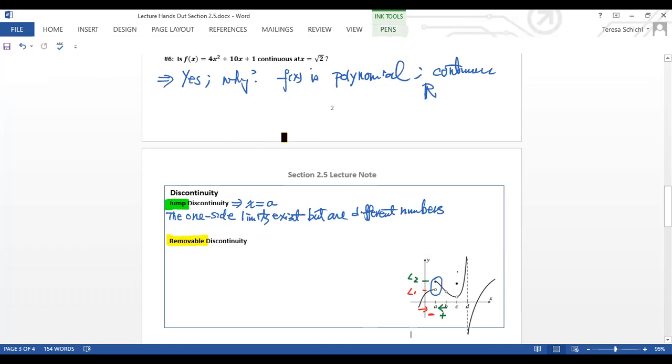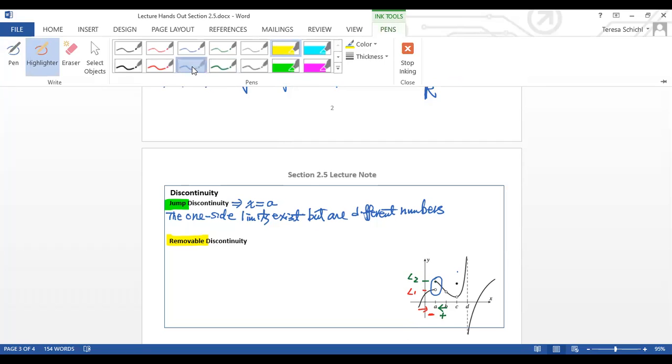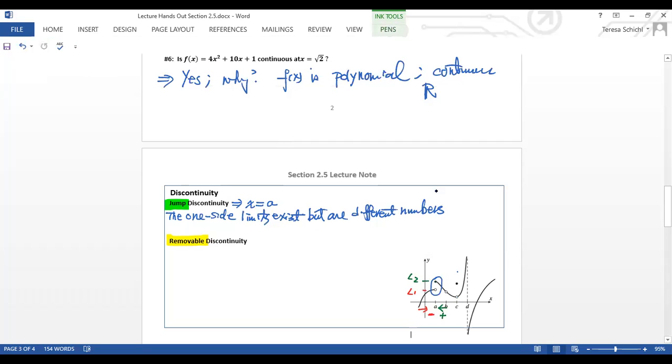So what is the removable discontinuity? Let's take a look at this graph here. I know that we have two removable discontinuities, at x equal to b and x equal to c.